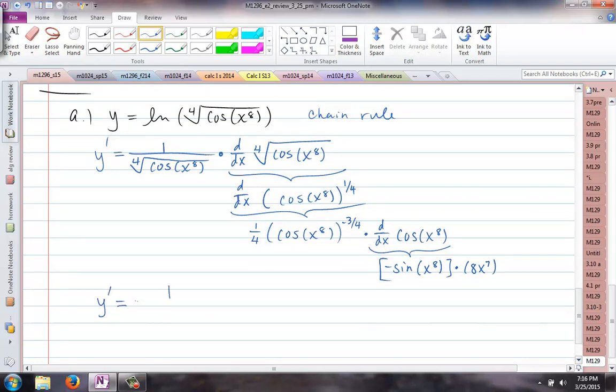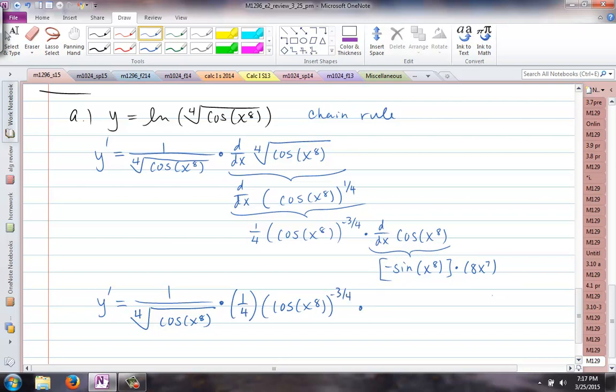Because we don't have to simplify, I can just go ahead and write out the package deal here and not care if it's pretty. But you do need to write it all together at the end here instead of this weird stuff I did here. So what I had was the derivative of that big thing, and then for part of that we got 1/4 times cosine of x to the 8th to the negative 3/4 power over all.